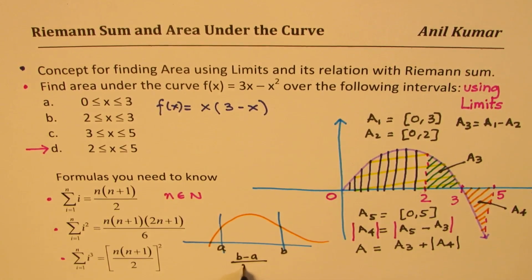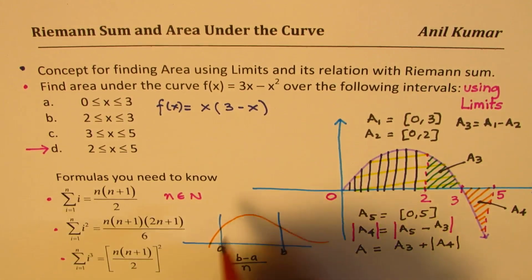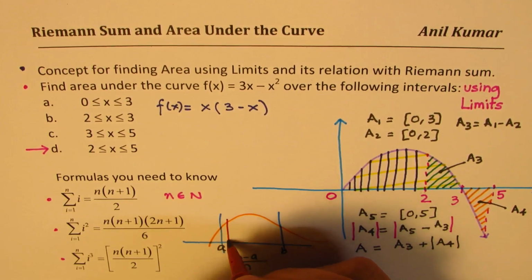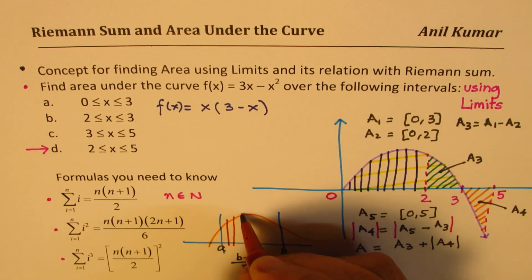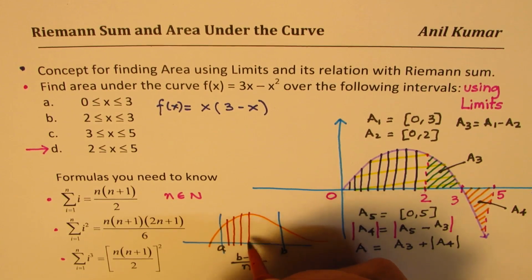We'll divide this into n equal parts. So in that case, let's say these are the n equal parts, right?